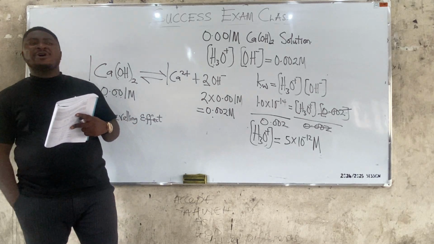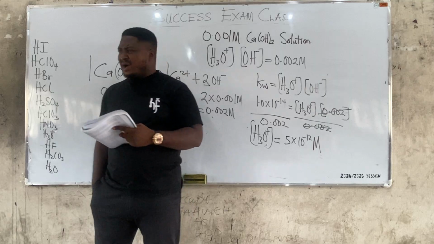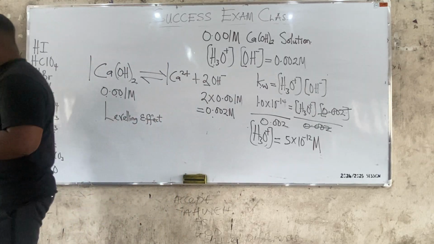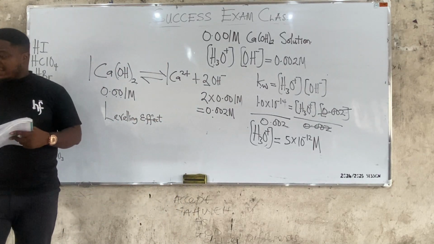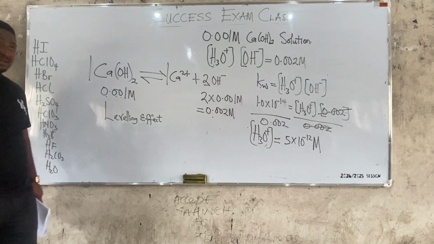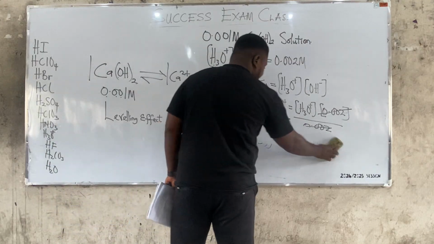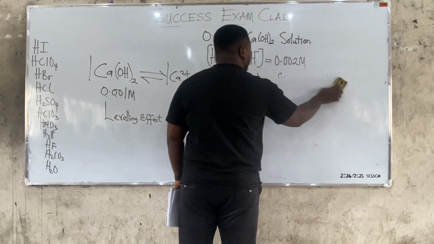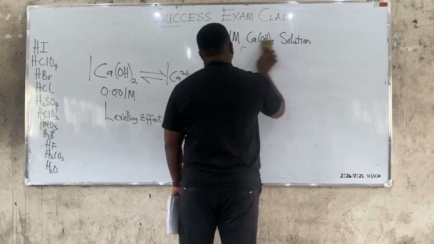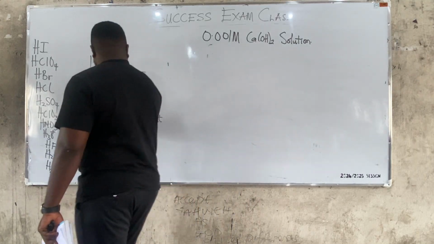So what this means is that strong acids produce very weak conjugate bases, and weak acids produce very strong conjugate bases. I just thought to point this out since we're talking about strength of acid. It's a good place to point this out. You can link that information to strength of acid. So a strong acid will produce what? A weaker conjugate base, and a weak acid will produce a stronger conjugate base.